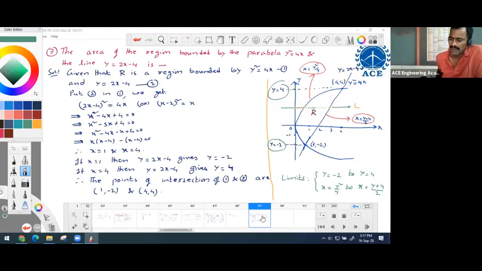To find the area of the region using a double integral, inside the double integral we choose the function as 1.